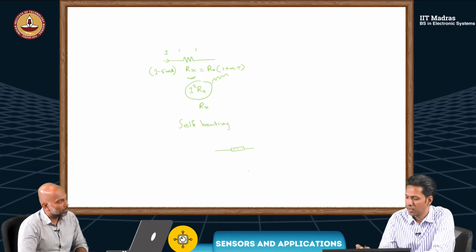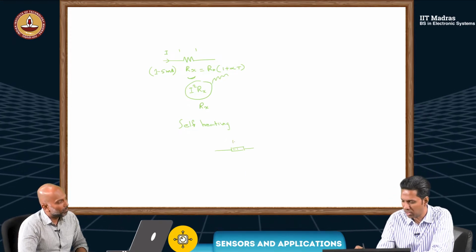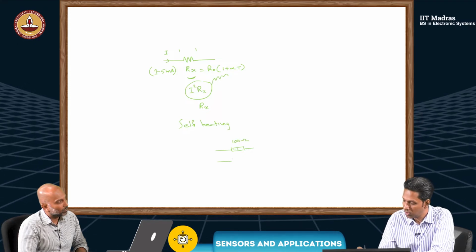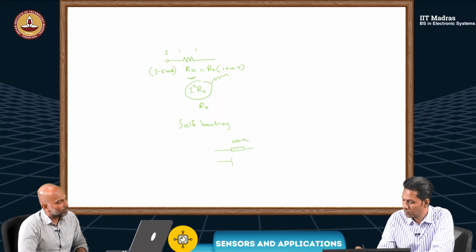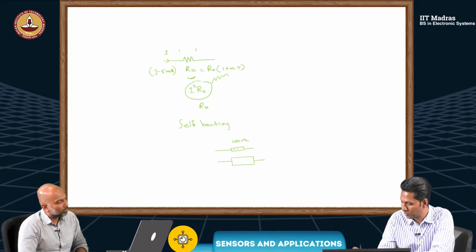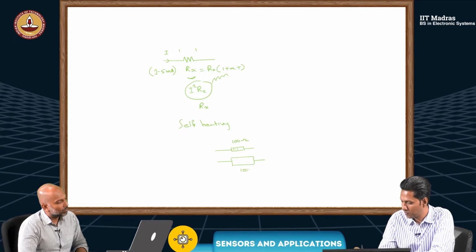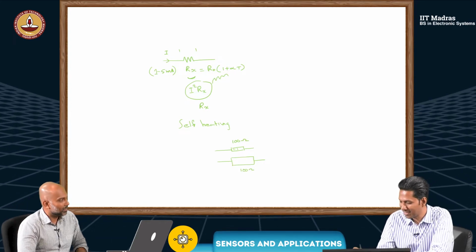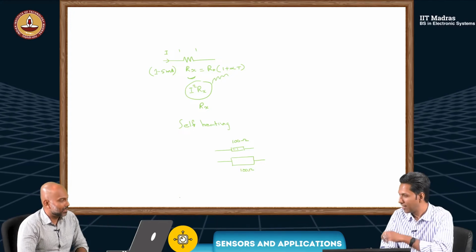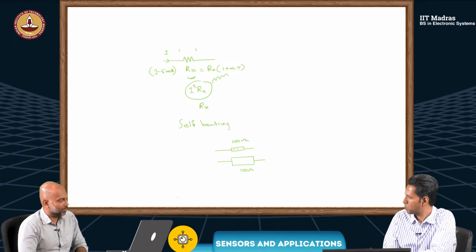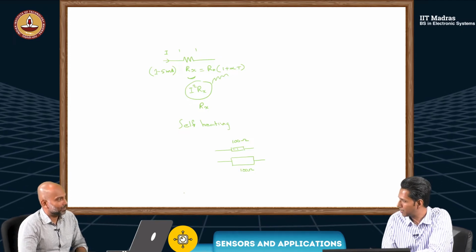Let's say this is a 100 ohm resistor. I've seen a 100 ohm resistor of much bigger size also. Same resistor value, but different sizes. What may be the reason?